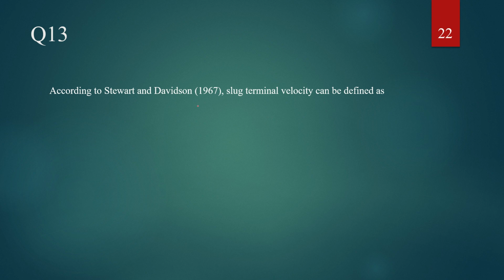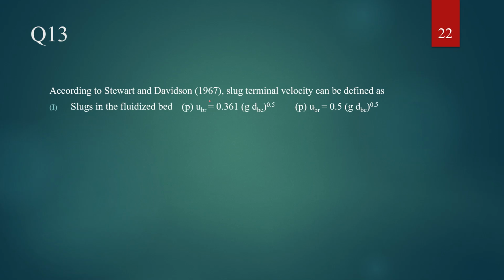In question 13, it is asked that according to the Stewart and Davidson 1967 model, slug terminal velocity can be defined as follows. P: slugs in the fluidized bed, UBR is equal to 0.361 G dBE power 0.5.